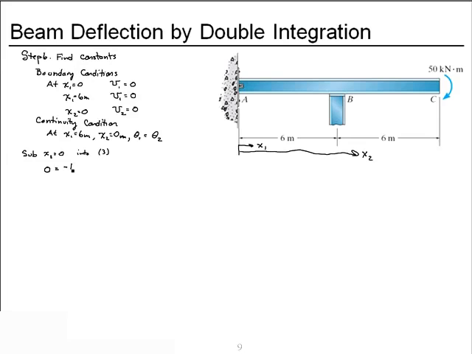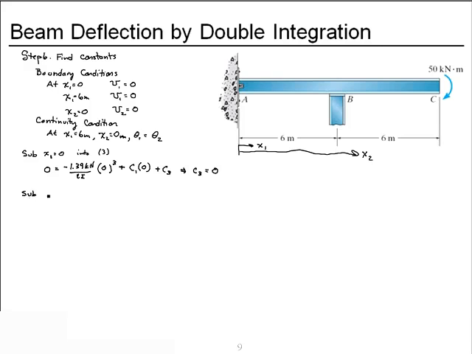It equals minus 1.39 kilonewtons over EI times x1, which is 0, cubed, plus the constant C1 times x1, which is 0, plus the constant C3. So everything is multiplied by 0 except C3, so my constant C3 is 0.